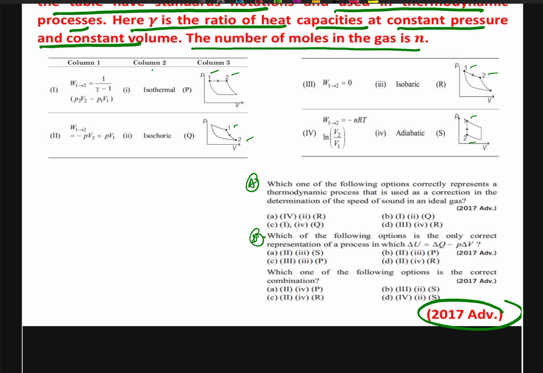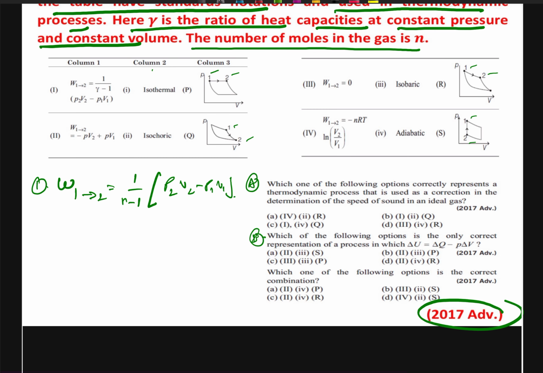So first of all, let us start with our first equation, and first equation is 1 upon gamma. Okay, so we are given that first equation is work done from 1 to 2 is given as 1 upon gamma minus 1 times P2 V2 minus P1 V1.